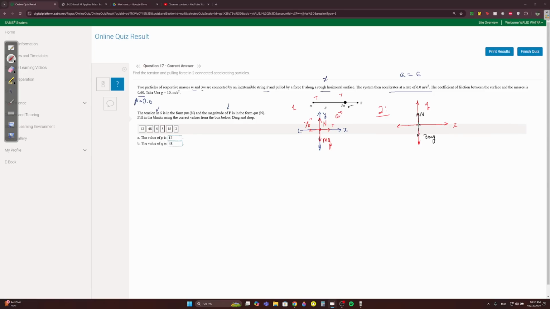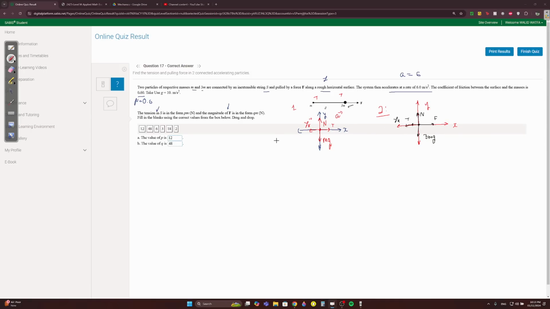And then you have the tension that's pulling it to the left. Why pulling it to the left? If you're moving to the right, the string is going to pull you back to the left, right? And you have the force F that's pulling the object to the right because we're pulling this whole string to the right. So now we have friction too. Of course, you have friction opposing the motion.